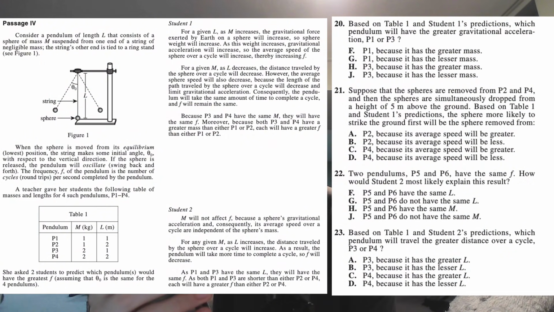Let's read the second paragraph, and it's saying as length increases, as a result, the pendulum will take more time to complete a cycle, so F will decrease. So that means as L changes, F will also change, but M will not affect F. And what we're looking for is P5 and P6 have the same F. So the possible explanation here is that the length has to be the same, because if the lengths are different, then F will be affected, as it says in the second paragraph.